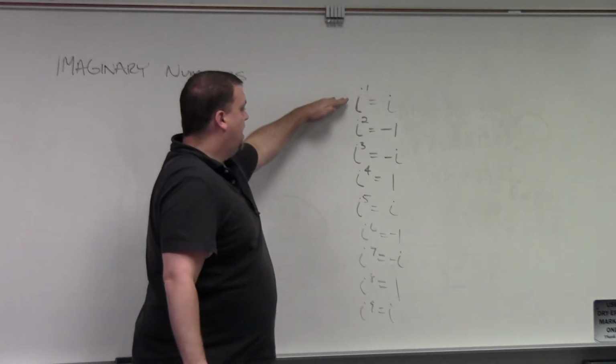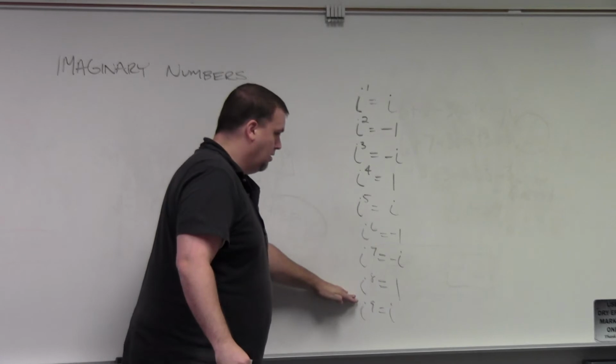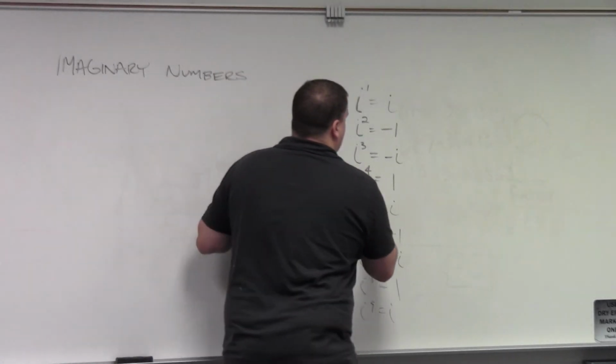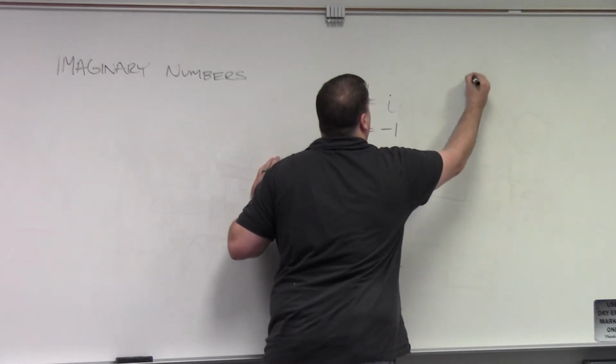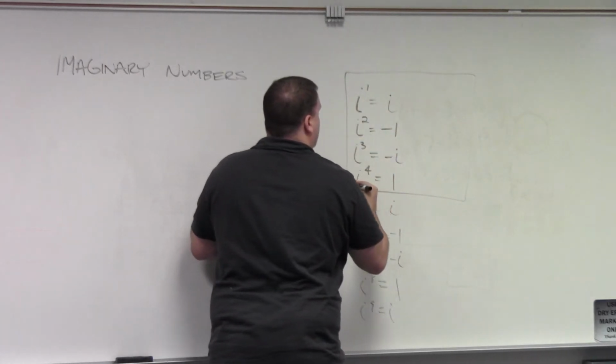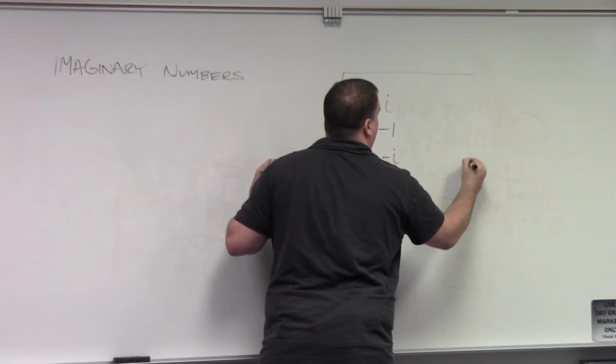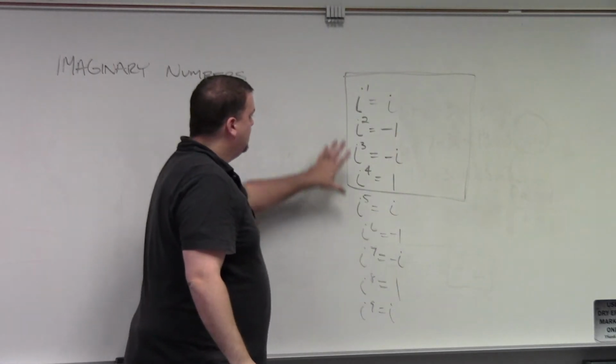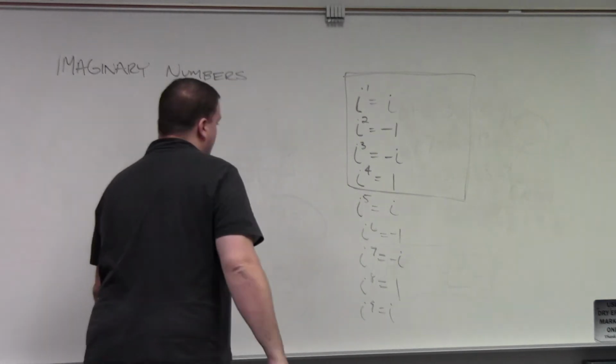What do you notice happens every 4 powers? It starts repeating, right? It just repeats over and over and over again. The cycle of i. So we're just going to focus on these four.